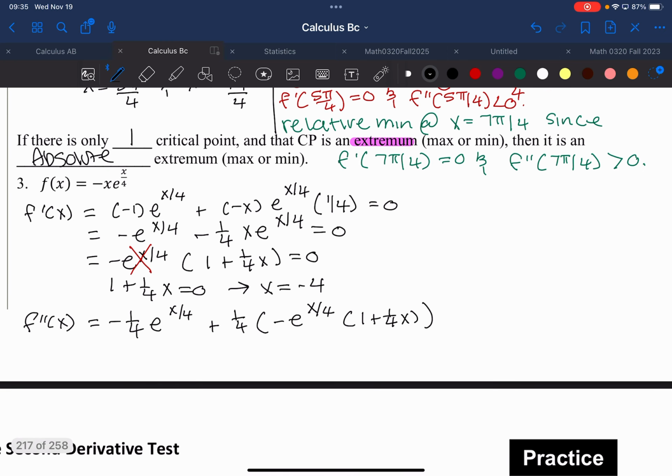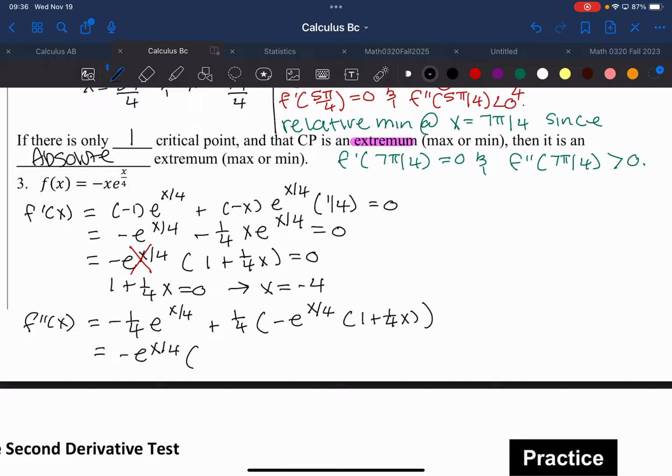So then, simplifying this, I can take out the negative e to the x over 4 again. Which means I have negative 1/4 minus negative 1 plus 1/4 minus 1 times 1/4.